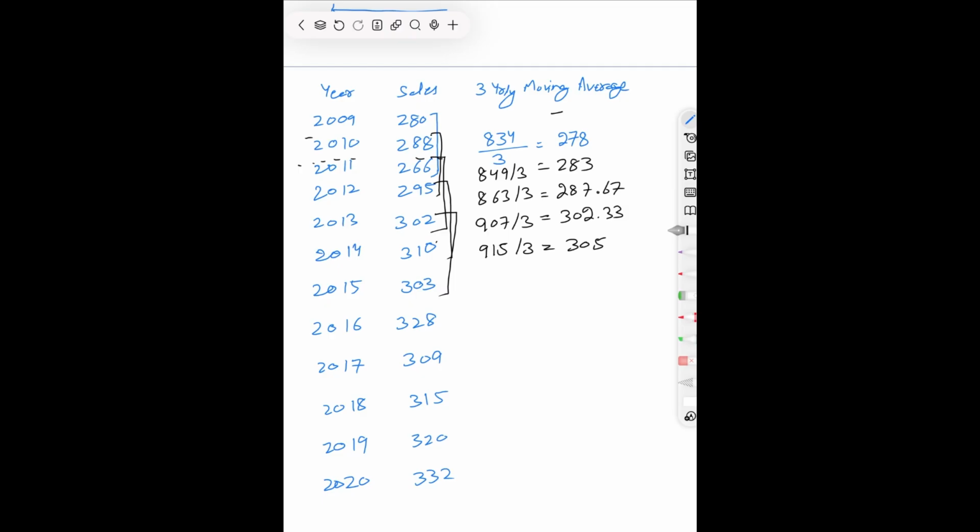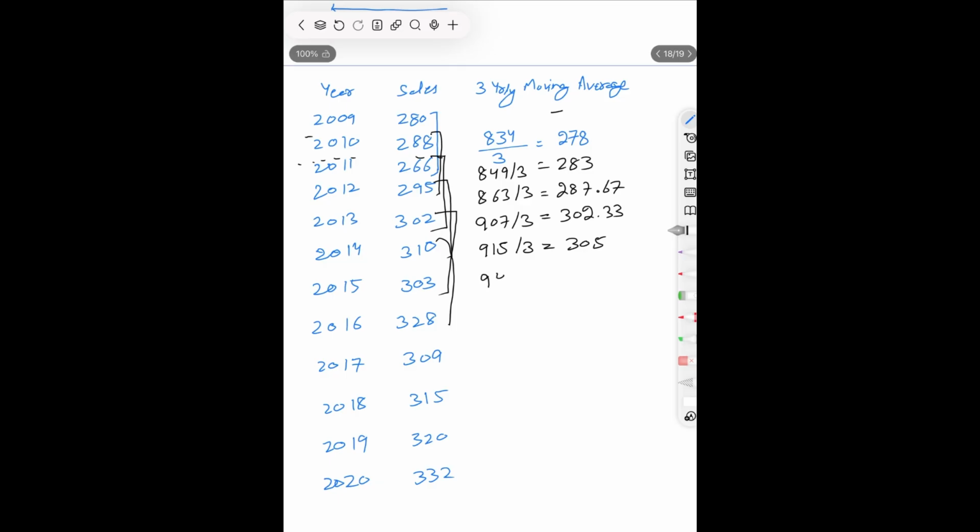For 2015, again next three, 310 plus 303 plus 328, 941 divided by 3, 313.67. 303 plus 328 plus 309. So the total comes to 940 by 3, 313.33.